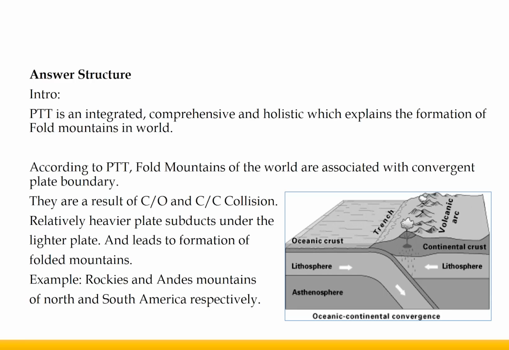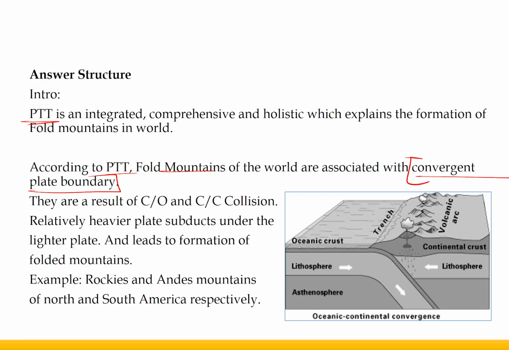First is the word PTT, which stands for plate tectonics theory. This is something which cannot be missed because the entire phenomenon of formation of fold mountains in the world is explained using plate tectonics theory. According to this theory, fold mountains are associated with convergent plate boundary. This is the second keyword which should not be missed.